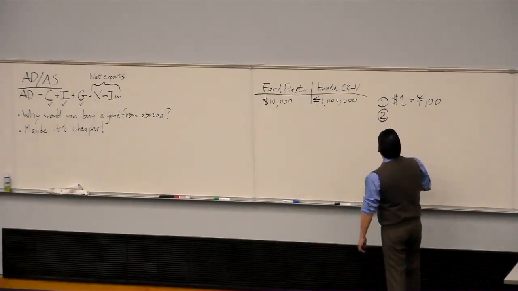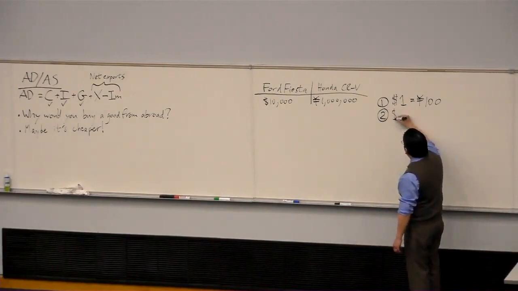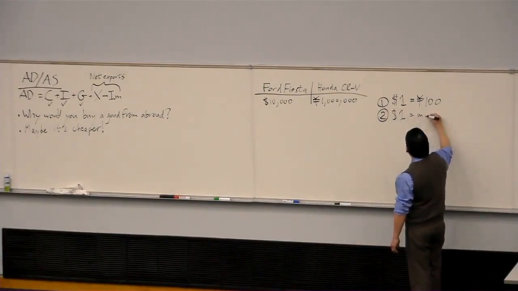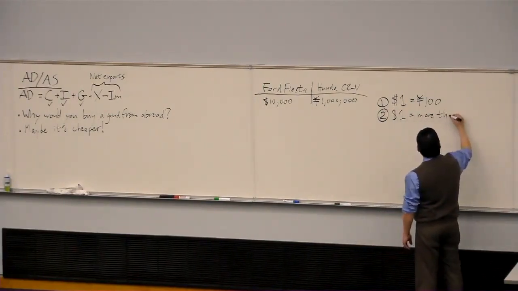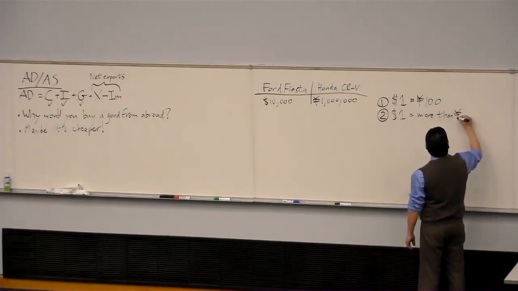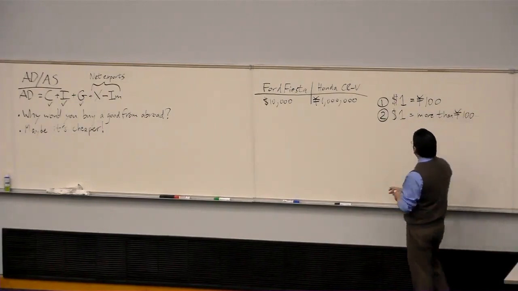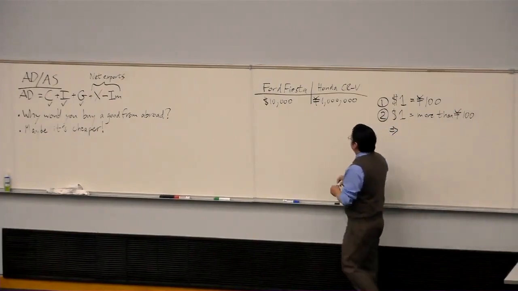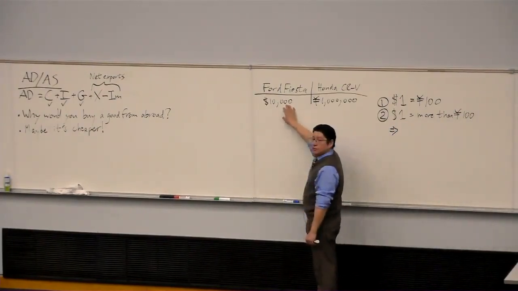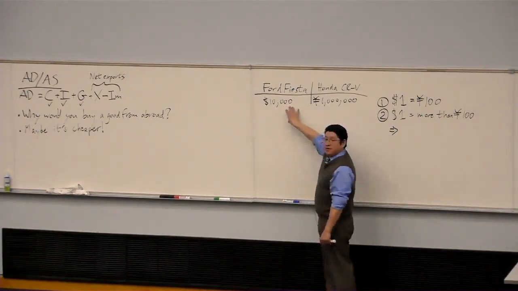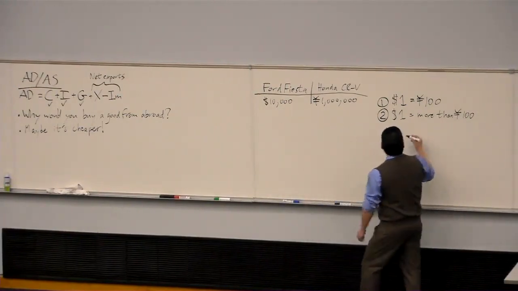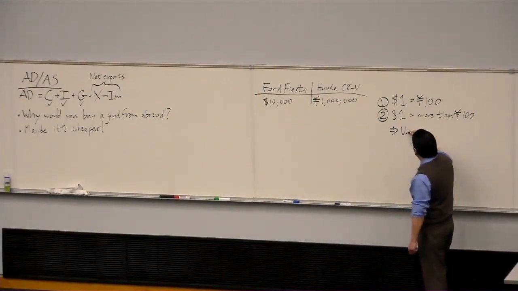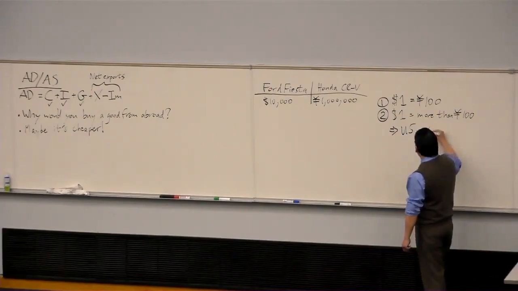There's a second possibility, which is what if $1 is more than 100 yen? Well, if the dollar gives you more than 100 yen, then these $10,000 are more than 1 million yen, which means this car is expensive. So in this case, you have the US good is expensive.